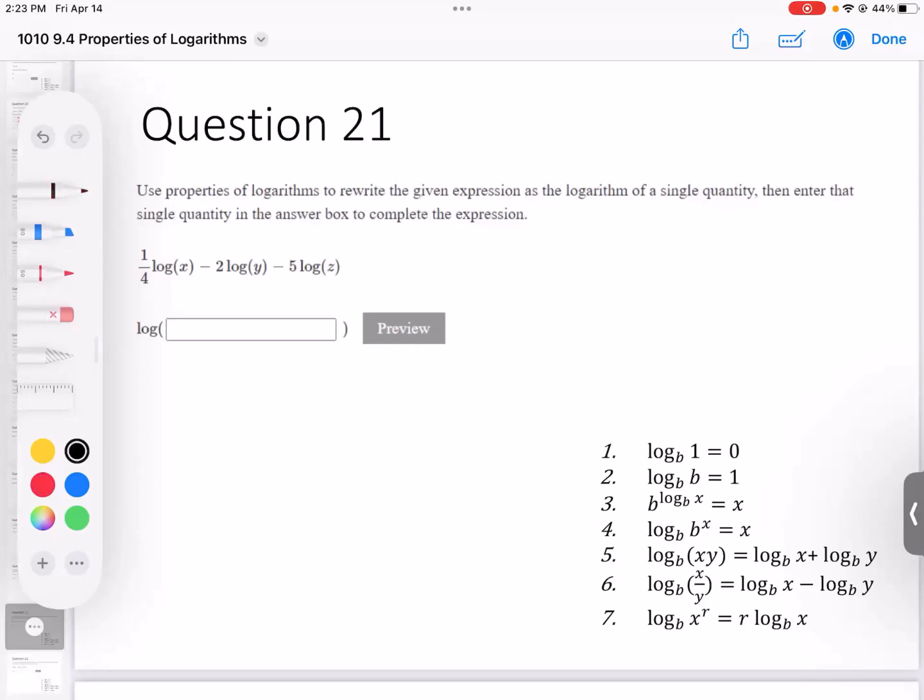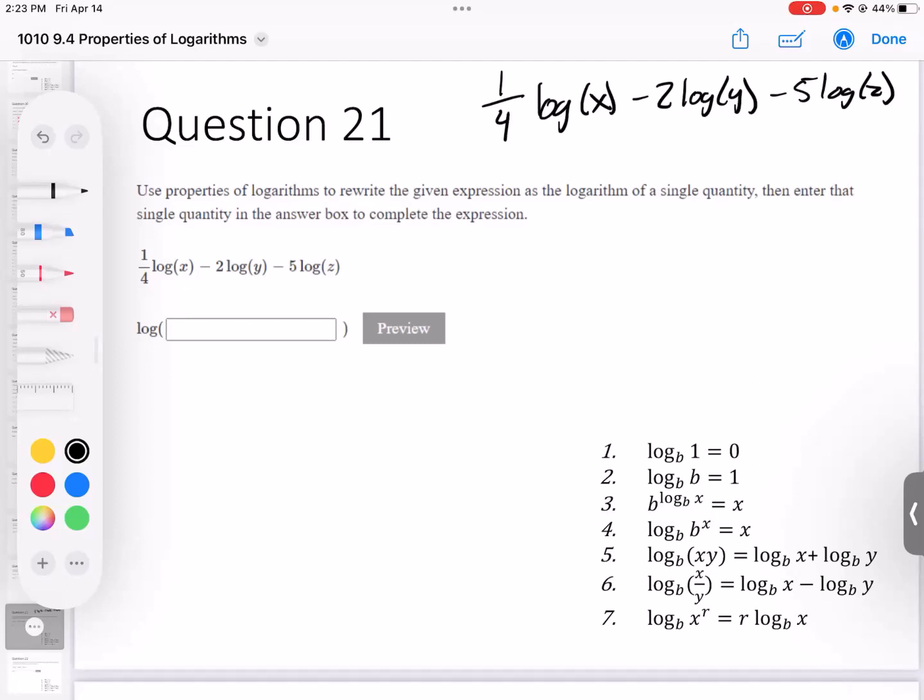So in this one, we're given the expression 1/4 log of x minus 2 log of y minus 5 log of z, and we're asked to simplify this and make it a single logarithm. So in this case, rather than using these rules and converting them this direction, we're going to use these ones and convert in that direction.